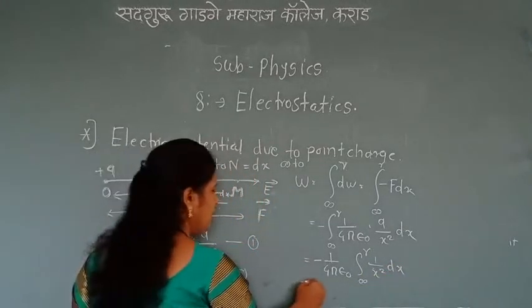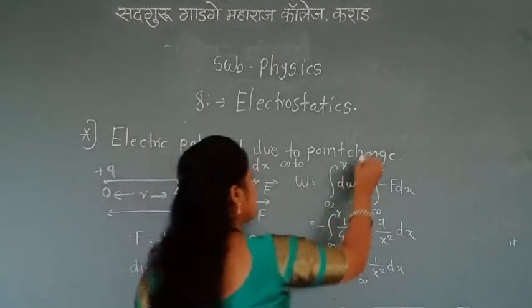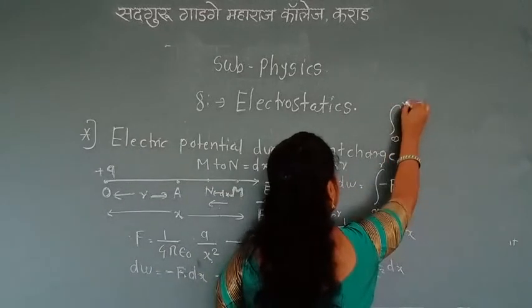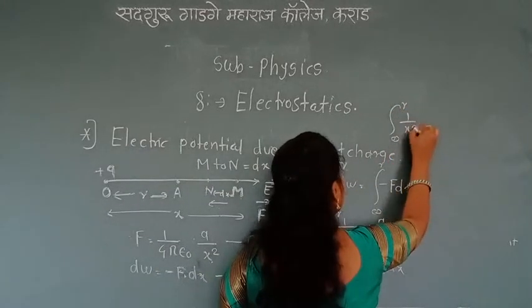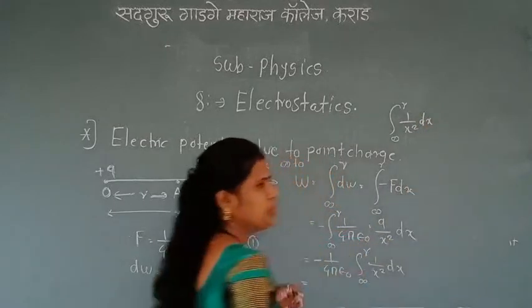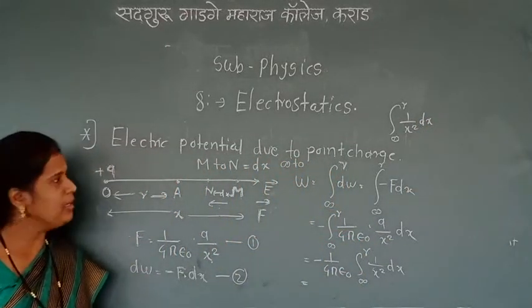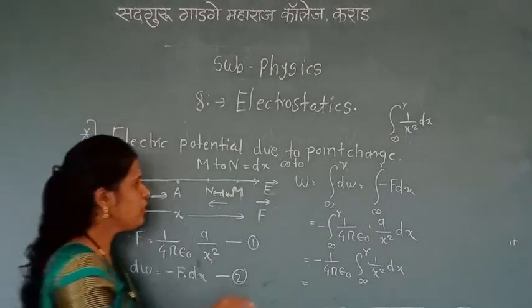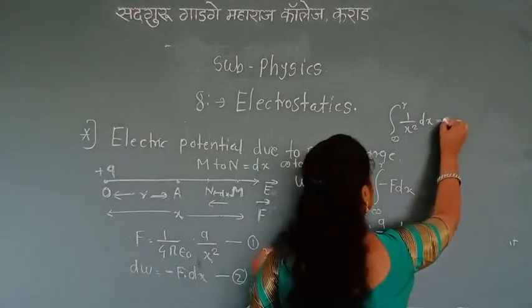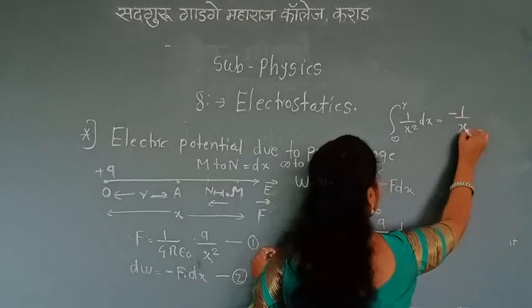Now the integration of 1 upon x square dx, you can see in the integration chapter in mathematics; in physics also we have already learned it. The integration of this is minus 1 upon x.